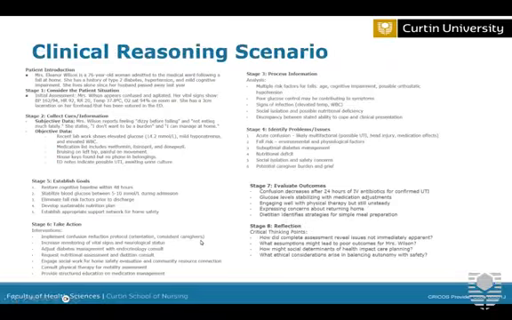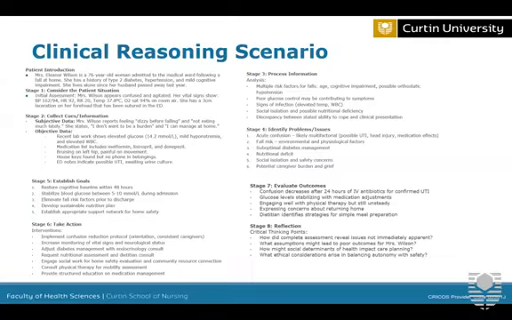What I'd like you to do is actually suspend the video now so that you can read through this scenario, and so that you understand a little bit of context around how we're applying this clinical reasoning case.